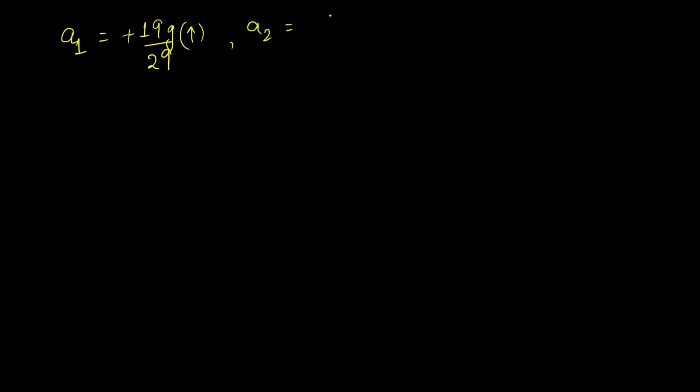Acceleration a2 as 17g upon 29 in the downward direction, that is negative. And acceleration a3 as 21g upon 29 in the downward direction, again negative. So that was regarding the acceleration of mass m1, m2 and m3.